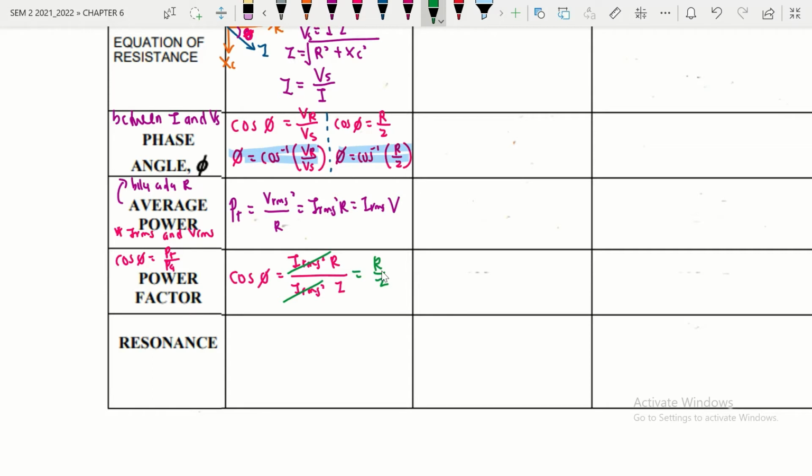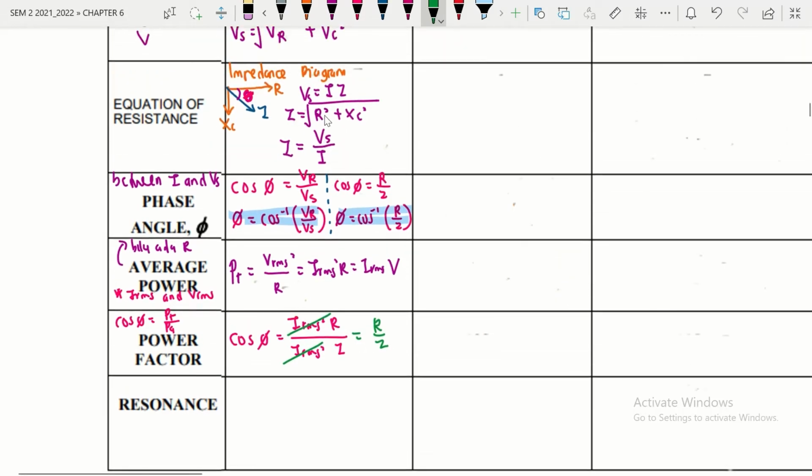Okay, so Miss ulang balik. So power factor ni kita akan ambil average power bahagi dengan apparent power. So dalam kita punya case, apparent power kita, dia adalah I RMS squared darab dengan Z. So Z ni kan Miss dah cakap, dia adalah macam total. Maksudnya contoh, bila awak tengok Z ni, maksudnya awak ada dua load.